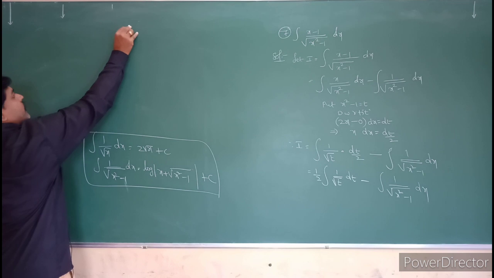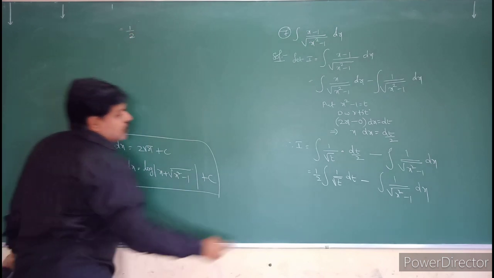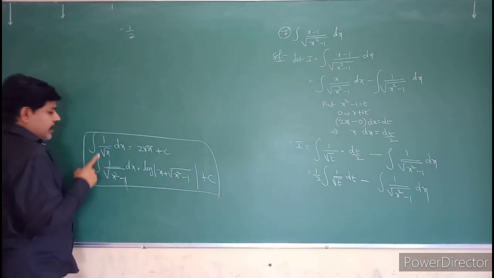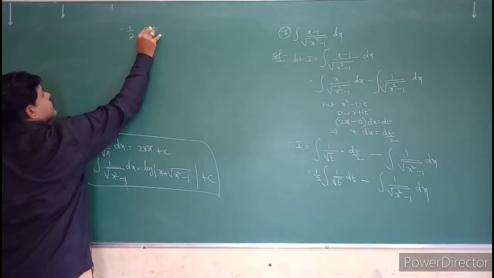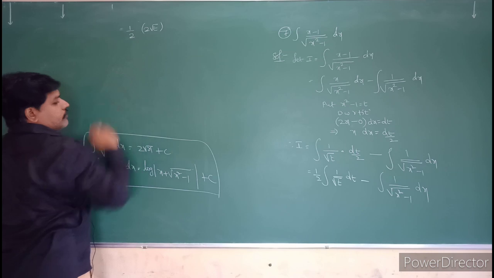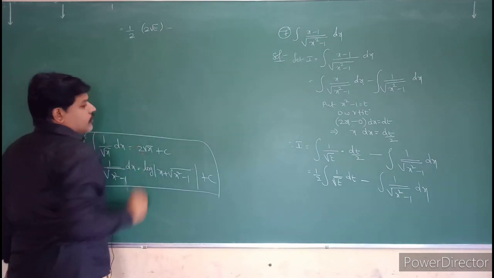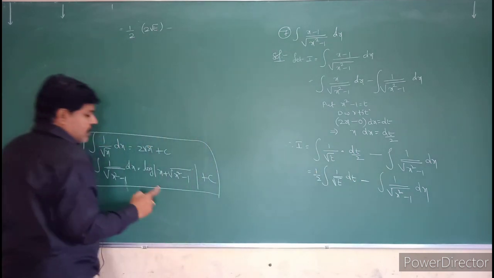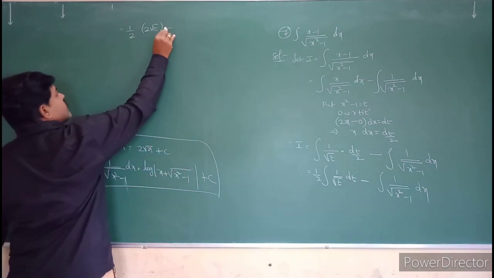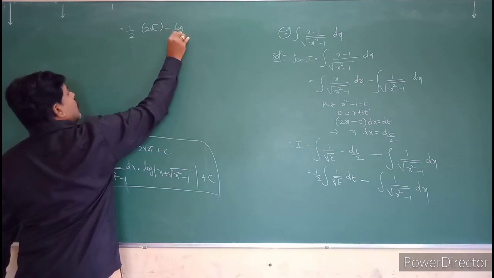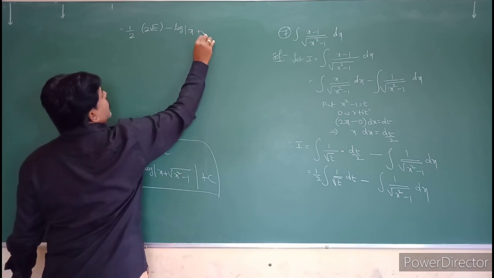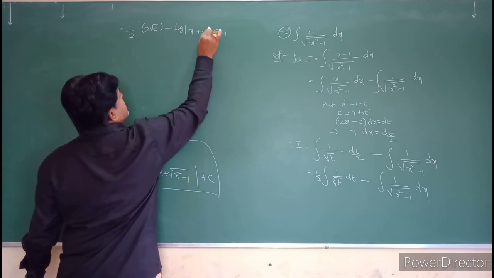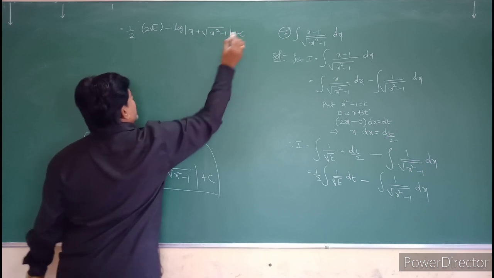That is equal to 1 by 2 into integral of 1 by root t, integral of 1 by root x into dx, whose value becomes 2 root t, minus log of mod x plus root of x square minus 1 plus c.